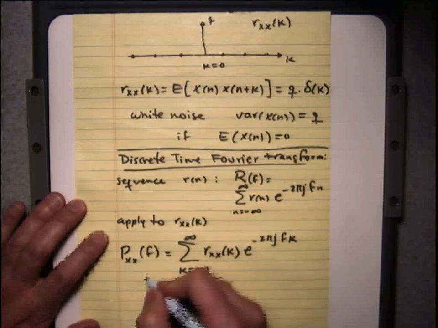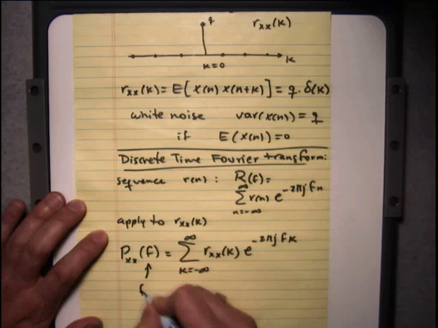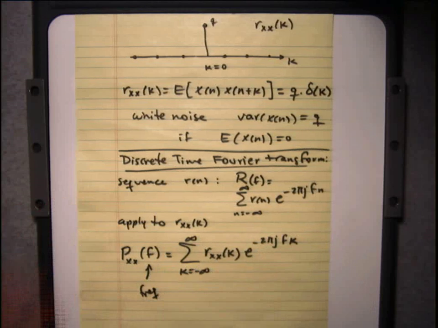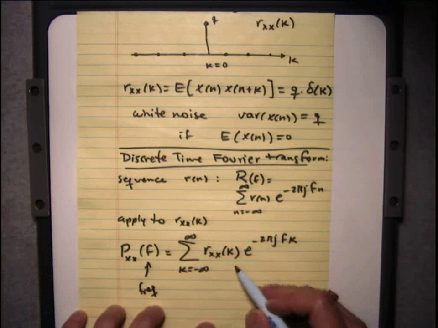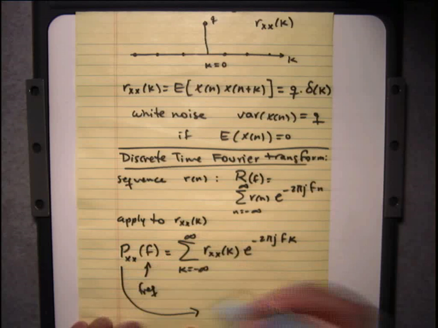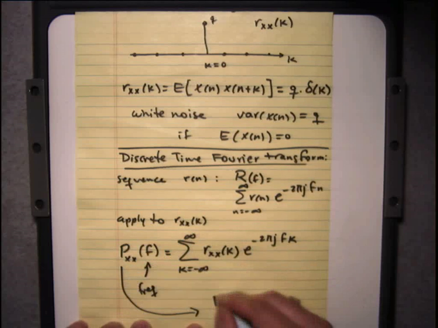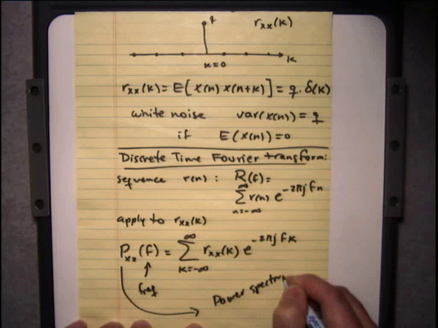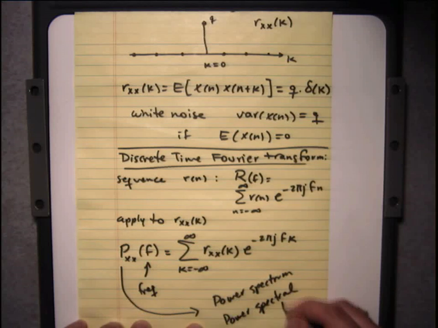Okay, this f is the frequency, of course, and this is the autocorrelation function. And this function here, this Pxx, is called the power spectrum, or sometimes it's called the power spectral density.